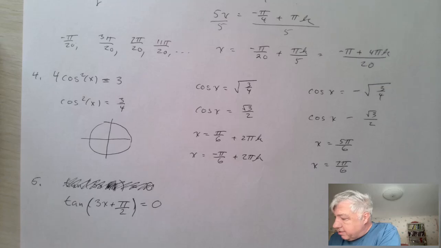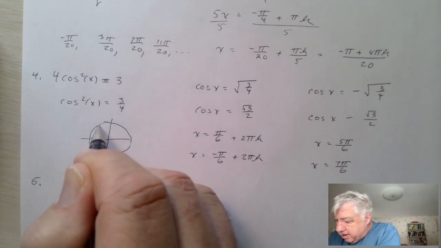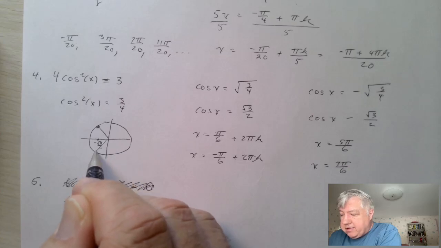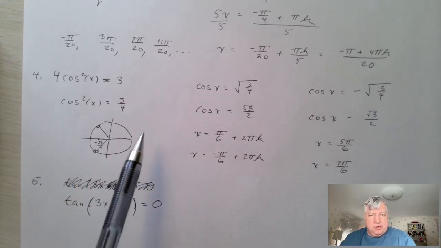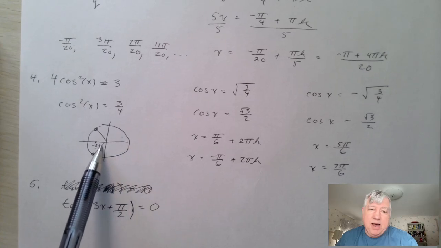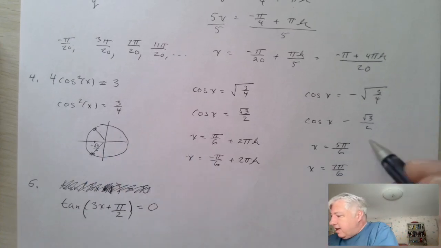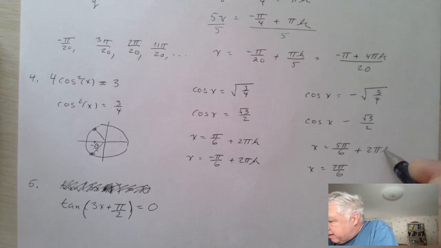Here's negative square root 3 over 2. So we have an angle here in the second quadrant and an angle here in the third quadrant. From here to here is 5 pi over 6. From here to here is negative 5 pi over 6, which is equivalent to 7 pi over 6. And then we add 2 pi k.